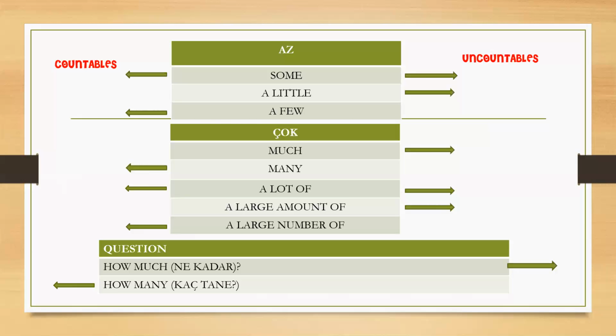Kaç sayı? That would mean that it's used for countables. How many eggs do I need for this cake? So let's repeat the questions. How much sugar and how many eggs do I need for this cake? Uncountables, countables.